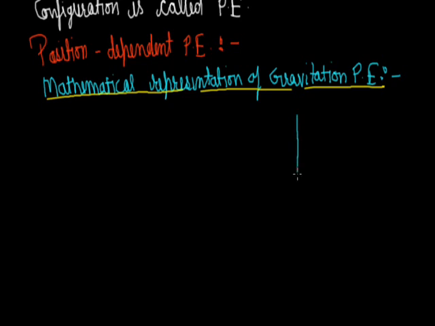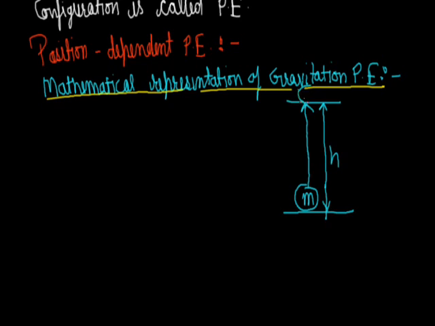Let any mass m which is placed on a horizontal surface be raised at a height h from the horizontal. Then we have to find the work done by the force of gravity.